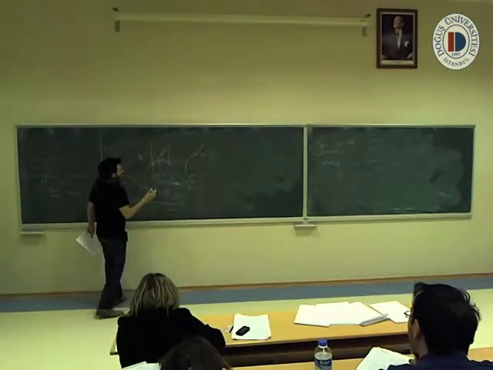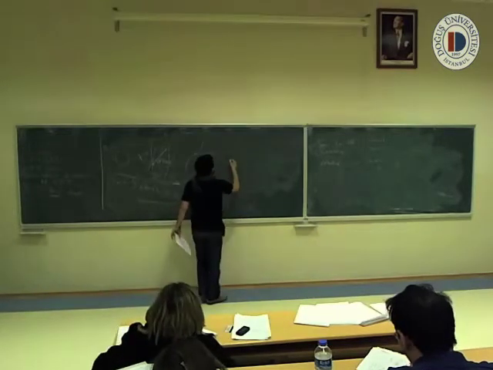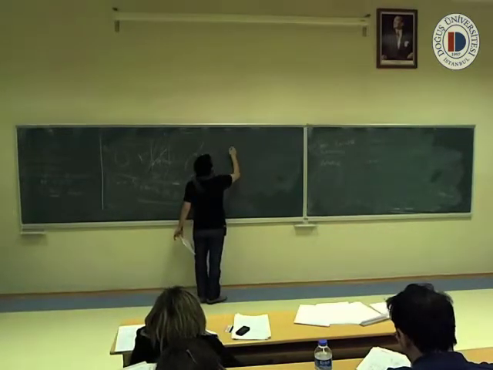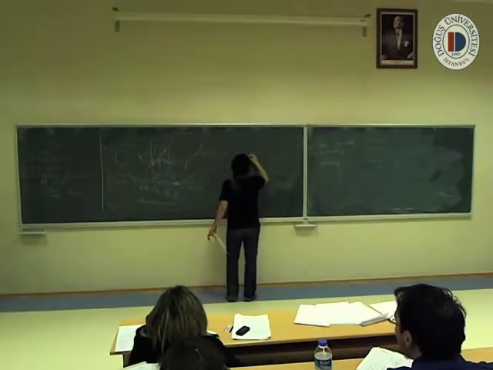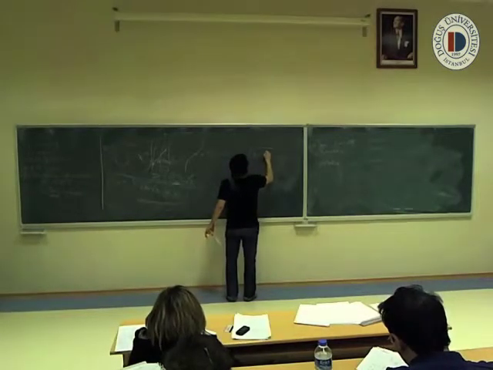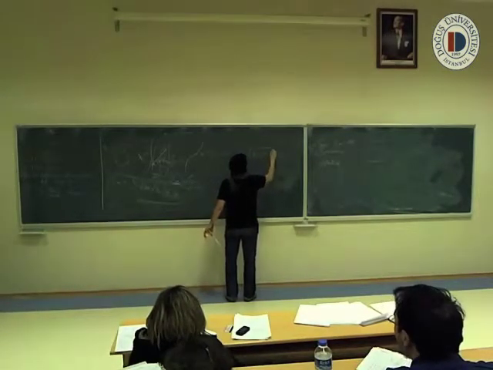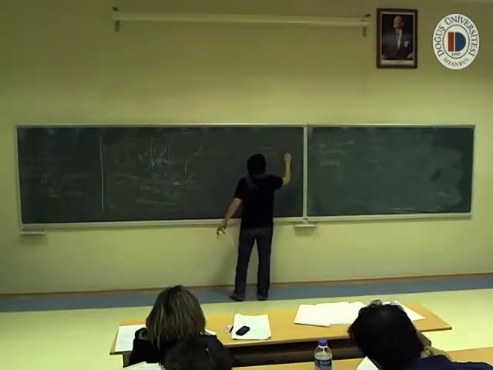Okay, so when you write down, for example, this is the problem set that you solved. For the point-particle action, the action that you wrote down was something like this, right? G mu nu dX mu ds dX nu ds.